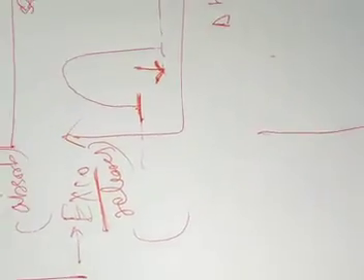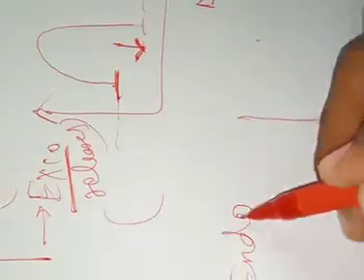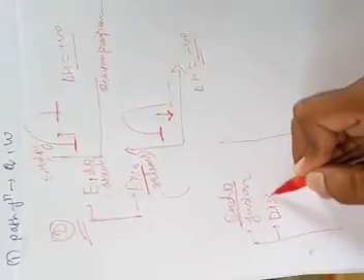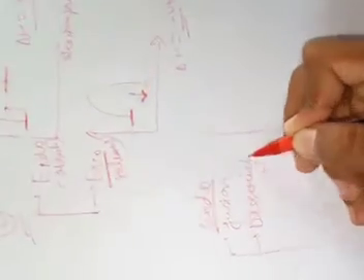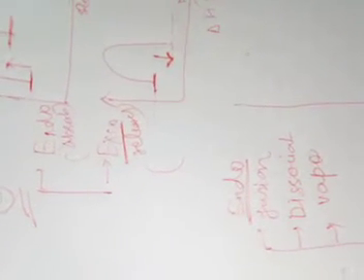Now talking about the examples of these reactions. First, endothermic ones are like fusion reaction, mostly dissociation reactions, and vaporization reaction. Why are vaporization reactions taken as endothermic?